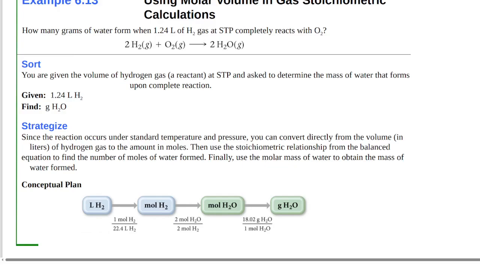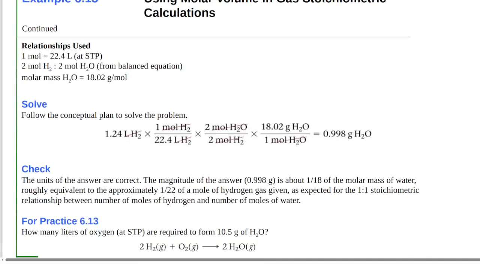Okay? And next we can convert moles of H2 to moles of water from the balanced equation. From the balanced equation, we learned that 2 moles of H2 yields 2 moles of water. That's a 2-to-2 ratio or a 1-to-1 ratio. And then moles of water to grams of water from the molecular weight. Water is 18.02 grams per mole.